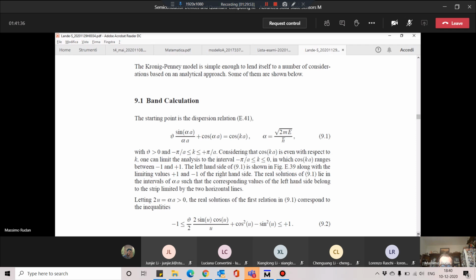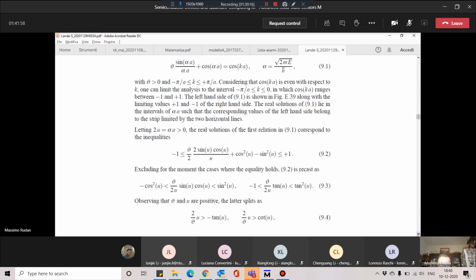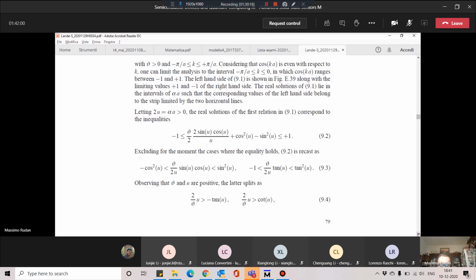So when we replace the variable alpha A with 2U, we can manipulate equation number 9.1, and we can impose that this equation has the left-hand side that is between -1 and 1.